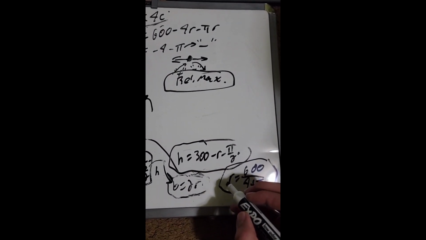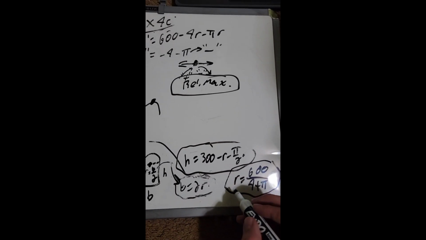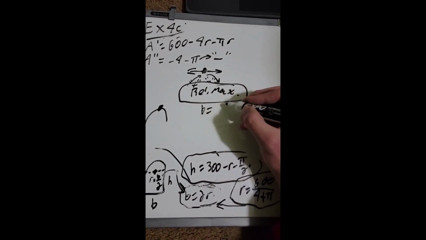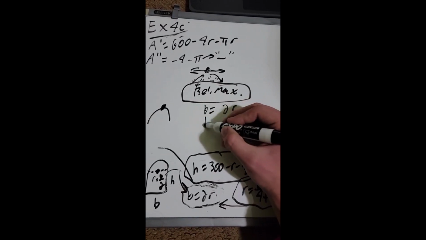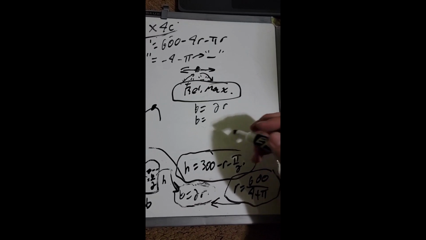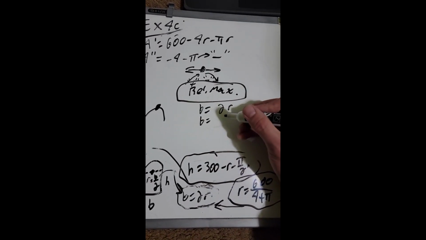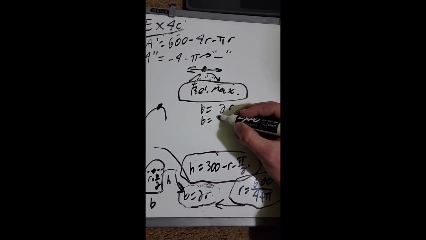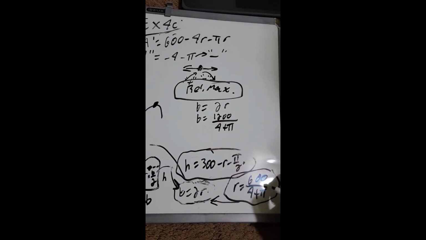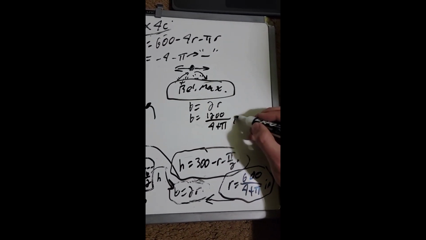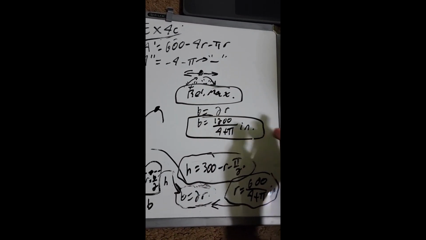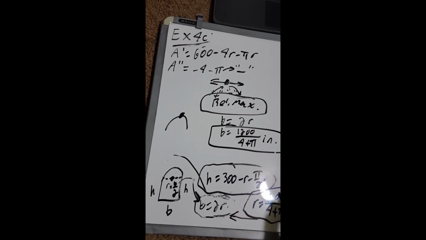Now to just find our dimensions to maximize area, which shouldn't be too hard. B is just 2r, and then r is just 600 over 4 plus pi, so multiply across. 2 over 1, that's going to be 1200 over 4 plus pi. Where are your units? Inches. And you got your base, just like that.